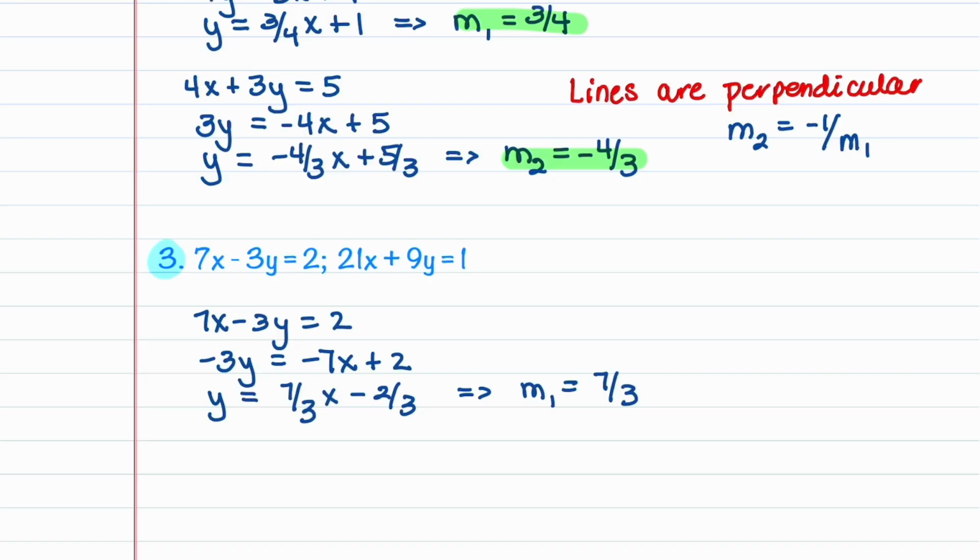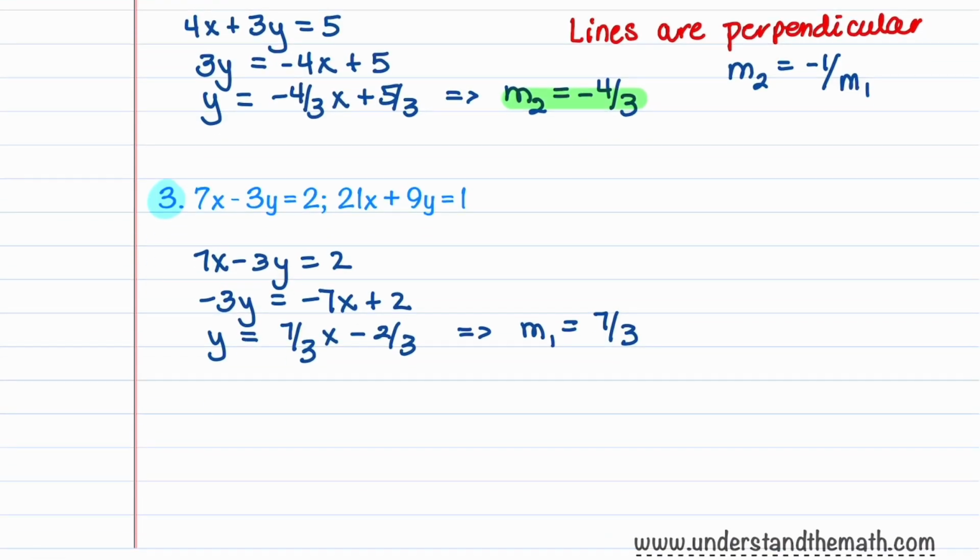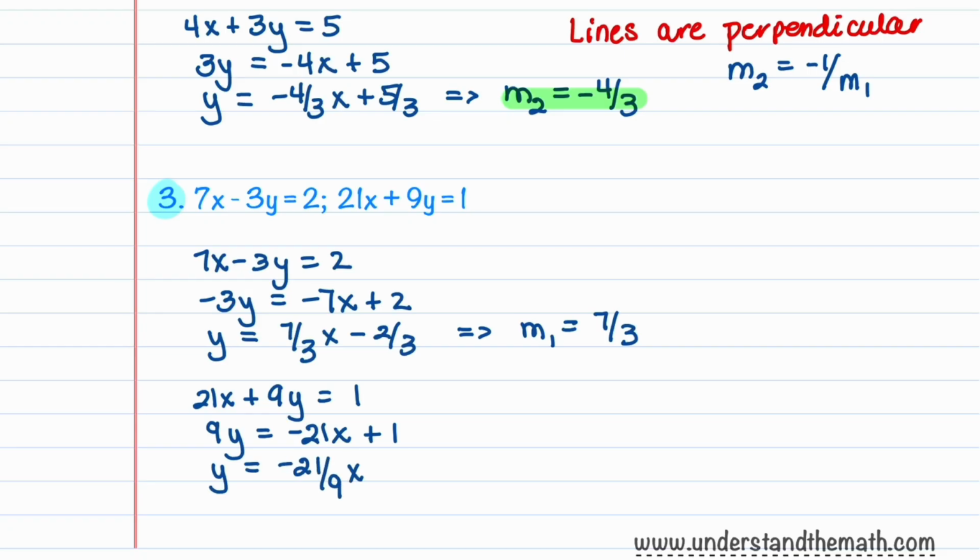Now let's look at our second equation. We have 21x plus 9y is equal to 1. We're going to solve for y, so we have 9y is equal to minus 21x plus 1. We're going to divide both sides by 9, and we get y is equal to minus 21/9 x plus 1/9.